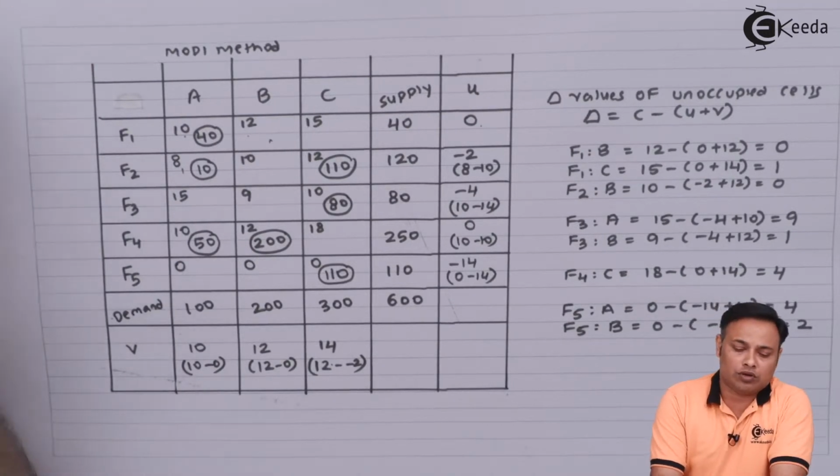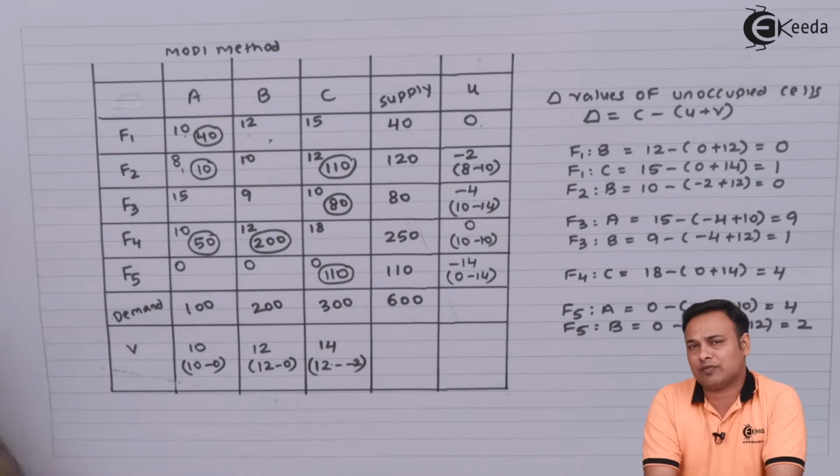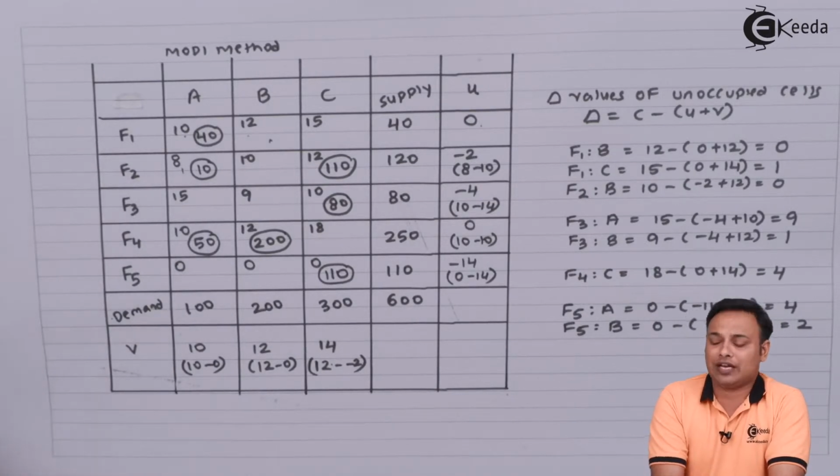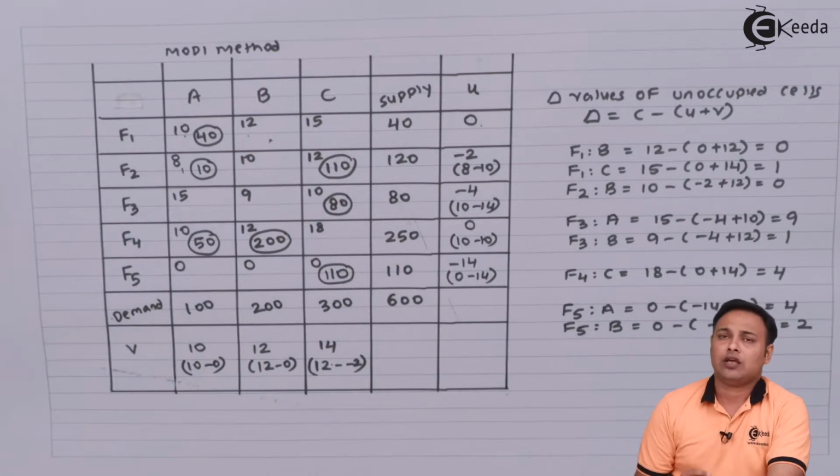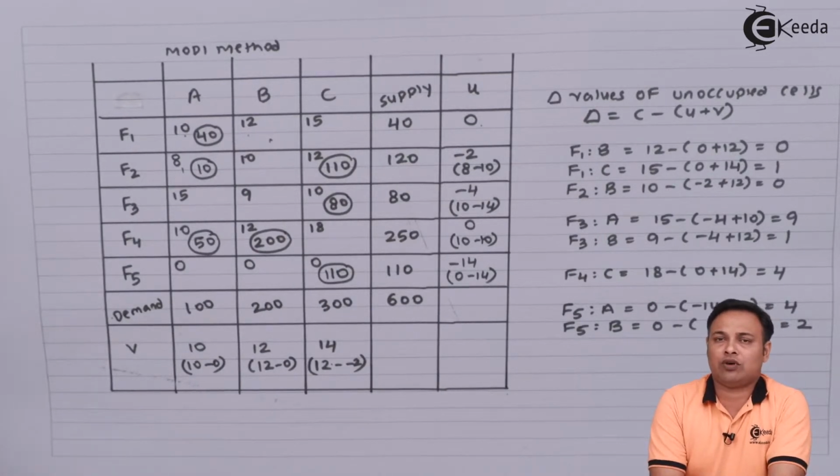Now, what is the indicator that my solution will have another alternate solution? Where will we know that a problem will have more than one solution? So you check the delta values. What are the delta values for unoccupied cells? If any delta value of an unoccupied cell is 0, then we can conclude that that particular problem can have another solution which will give the same answer.